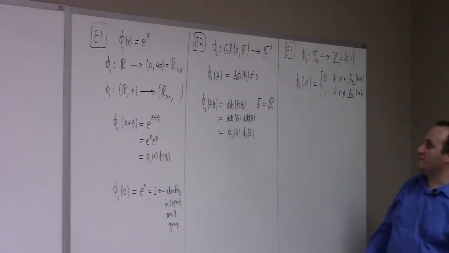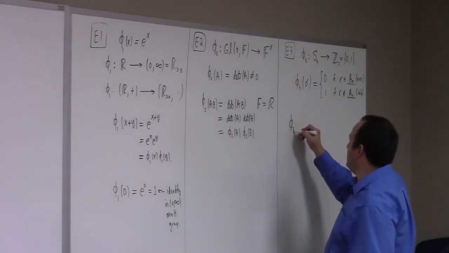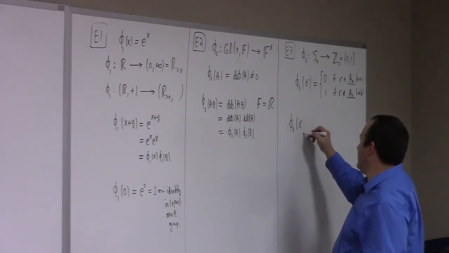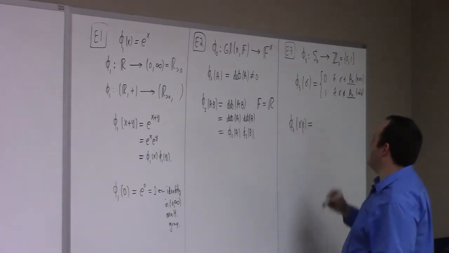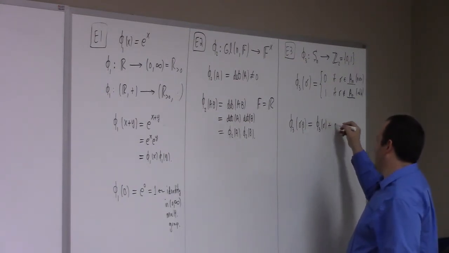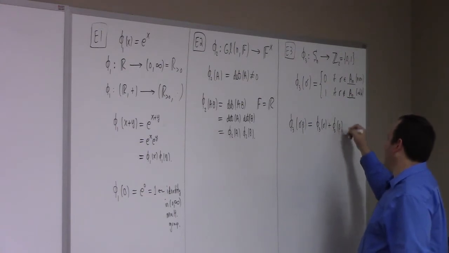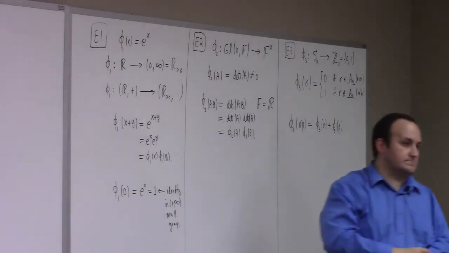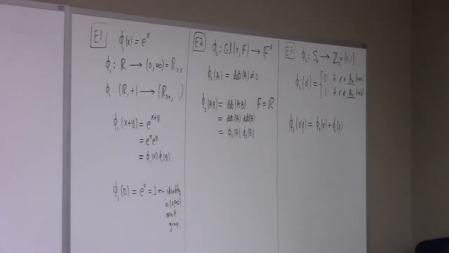So if we look at phi3 of sigma beta, you can check, looking at cases, that that's this plus that. I guess there are 4 cases to consider. If you have even and even, the product of 2 even permutations is an even permutation, and that gives you 0 plus 0, so we get 0 equals 0. If sigma is even and beta is odd, then we have in total an odd permutation.